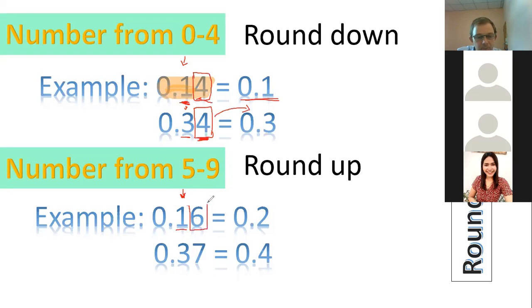Is this number between 5 and 9? Yes, it is between 5 and 9. We go up. So then our new answer will be 0.2. We went up because it is between 5 and 9.